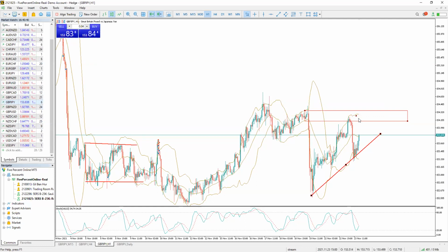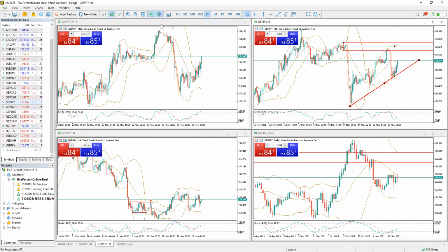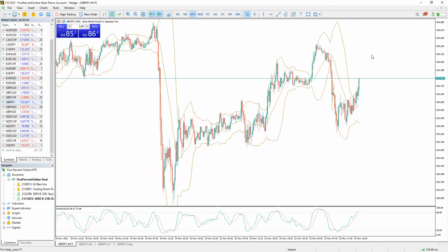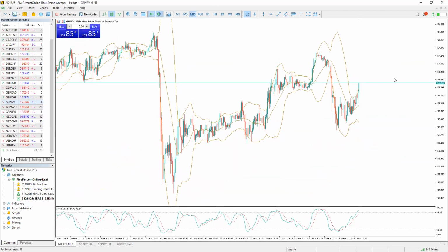So that's what I see actually. Let's look at the M15, for example. Yeah, the market is pushing above, and you see that the market is making higher highs all the time. So on the M15 you have an uptrend.